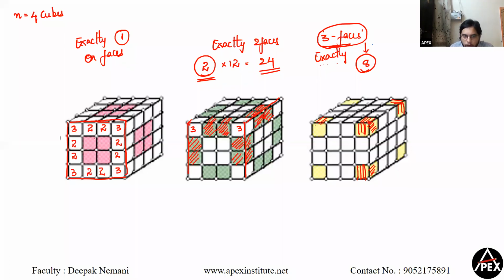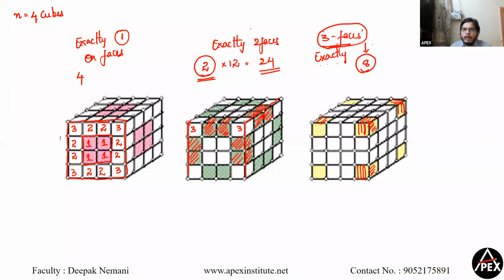Now if you observe, we are left with 4 smaller cubes at the middle of the face, which will have exactly one face painted. Each face has 4 smaller cubes with one face painted.